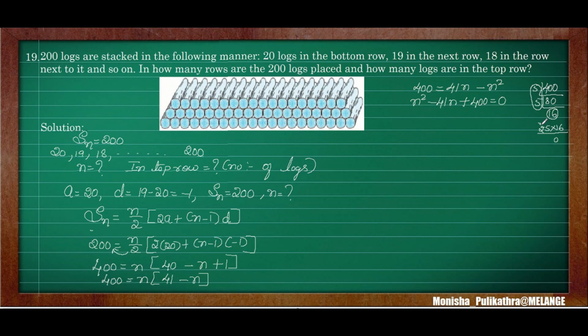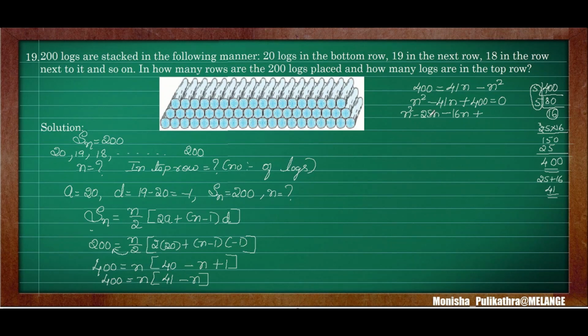So this is 400. When we multiply it, we get 400, and when we add, we get 41. So the terms are 25 and 16. So N square, here it is minus 41. So we need to get minus 41 here. So we write minus 25N and minus 16N plus 25.